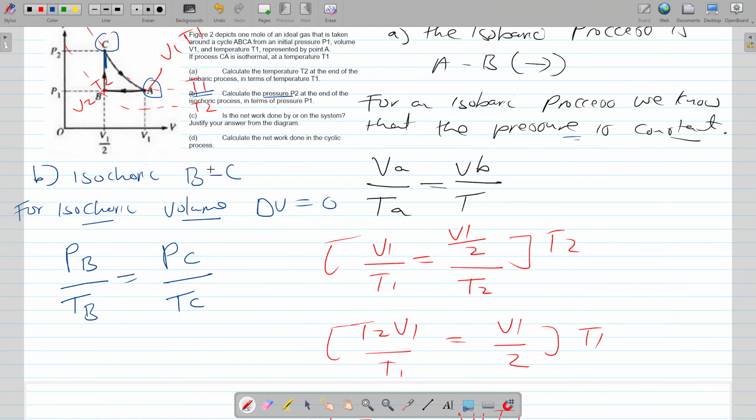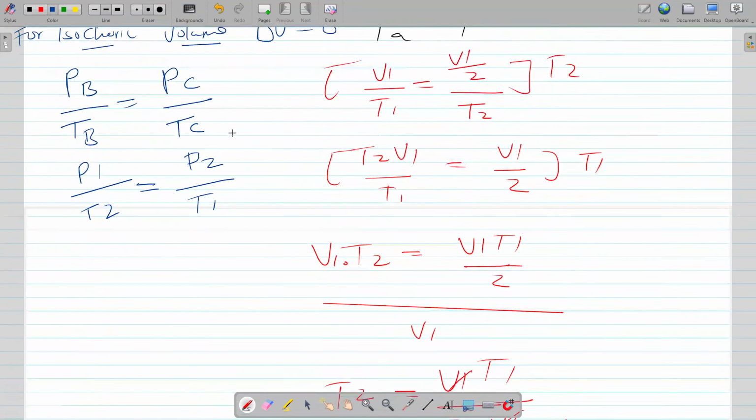And we're going to substitute our PB, which is P1 here. So we're going to have P1 divided by TB, which is this T2 here, is equal to PC. PC is going to be P2. We're going to divide that by T1, as we've previously noted that TC is equal to T1.